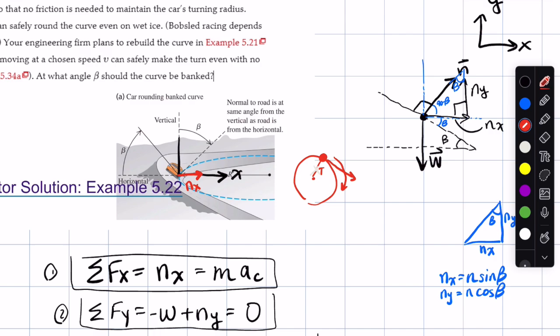The reason we did that is because we knew that the acceleration due to the centripetal motion was going to be center-seeking and along the radial direction. And so we wanted to make sure that F centripetal was aligned with one of the axes.